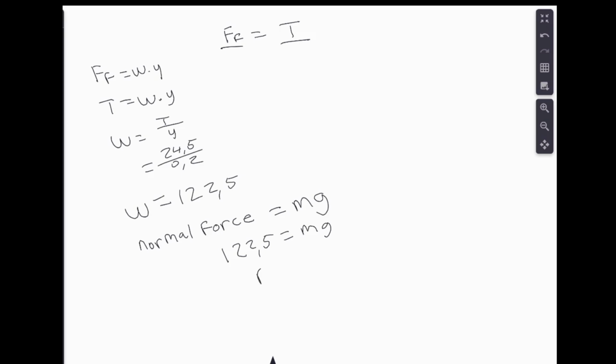That would make m equal 122.5 divided by 9.8, which would give us a mass of 12.5 kilograms. So that's the minimum mass that we need to keep the system from moving. Okay.